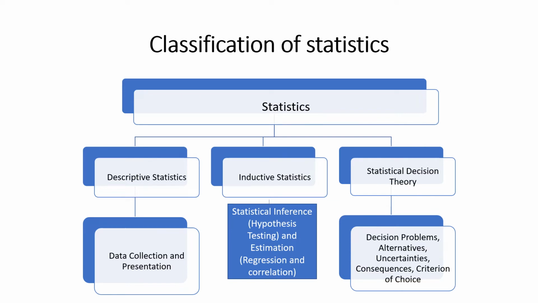Inductive method is also known as inductive statistics. It consists of procedures that help in generalization or estimation on basis of random observation or partial data. This inductive method includes procedures of interpolation and extrapolation.